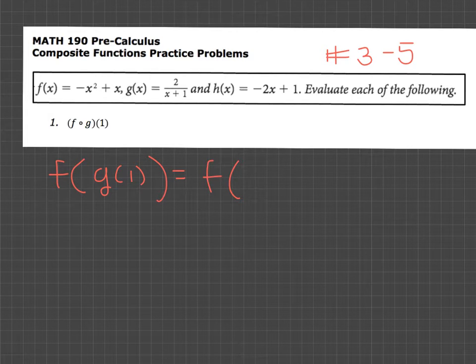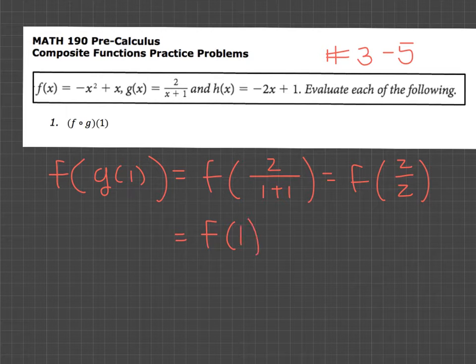Okay, so we plug a 1 into x, and so we get 2 over 1 plus 1. And that is f of 2 over 2. Well, 2 over 2 is just 1, so we get f of 1.